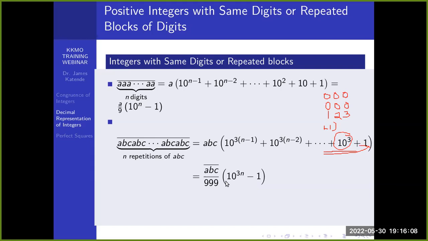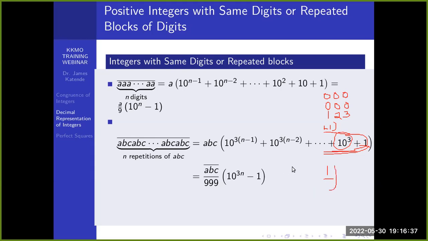So the sum of what I have circled is just the sum of a geometric series, and this is what you will get up to the nth term over 999. 999 is the same as 10 raised to 3, the common ratio, minus 1.